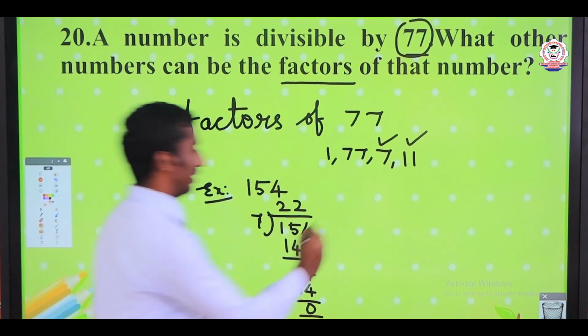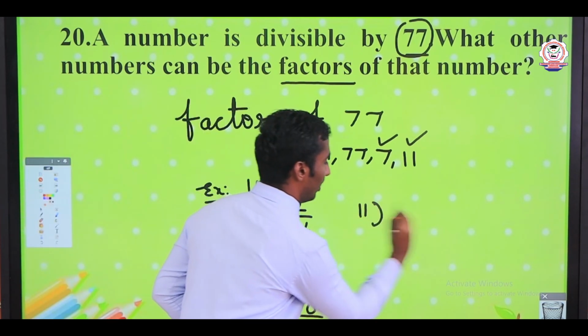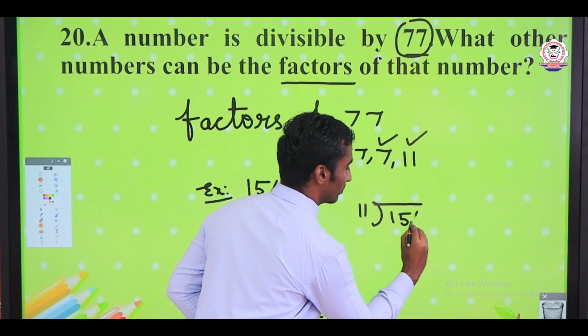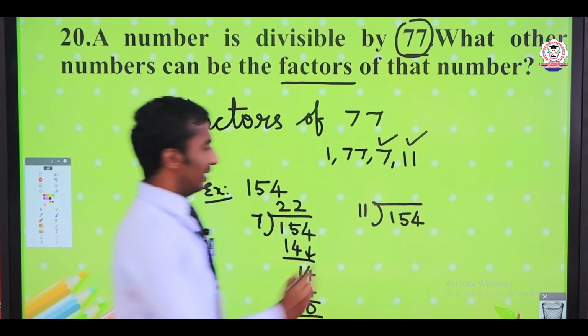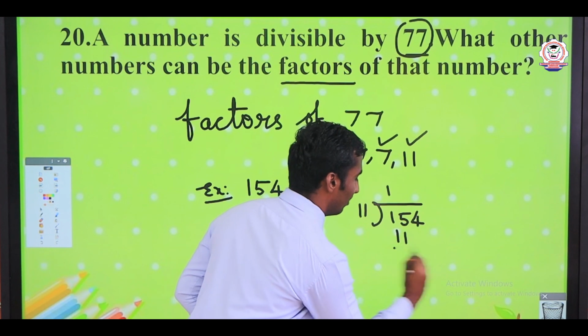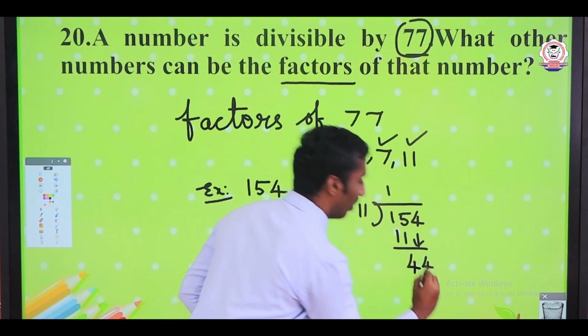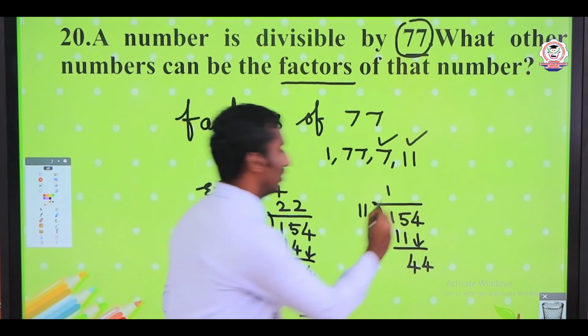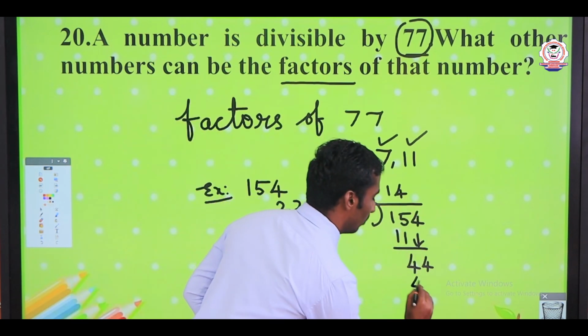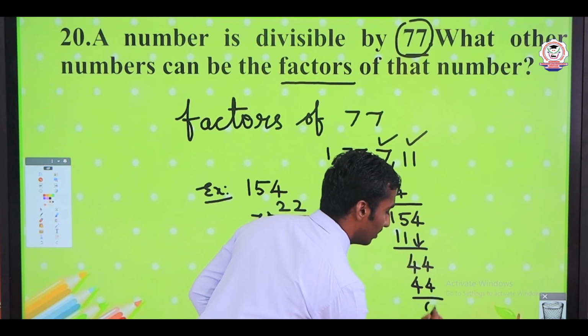Next, 11 table. 154: 11 ones are 11, remaining 4. Bring down this 4, 44. 11 fours are 44, remainder 0.